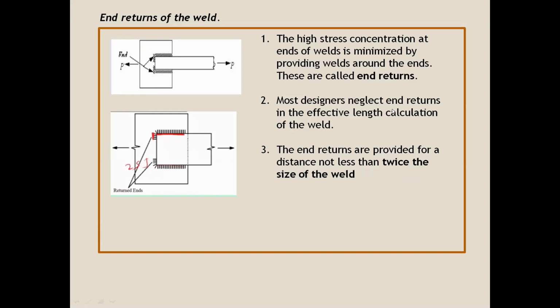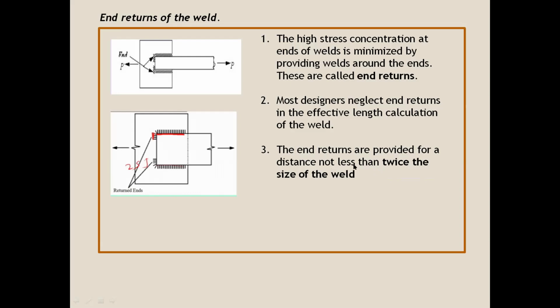Most designers neglect the end returns in the effective length calculation of the weld. The end returns are provided for a distance not less than twice the size of the weld.